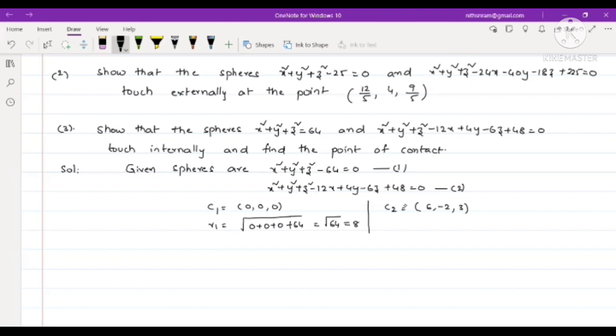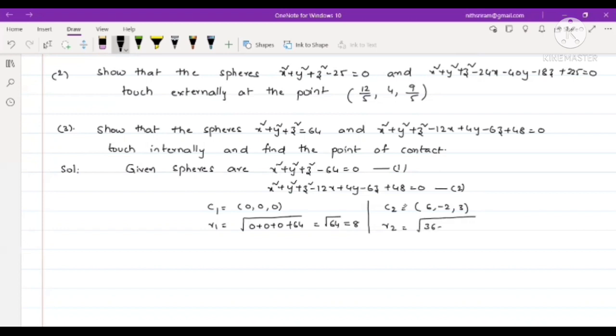Don't forget to change the sign also. Whenever the coefficient of z is minus 6, we write half of the coefficient and change the sign, so we write plus while writing the center. This is center C2.